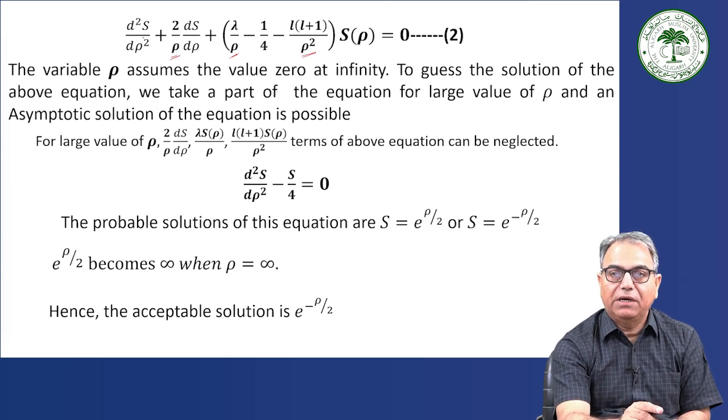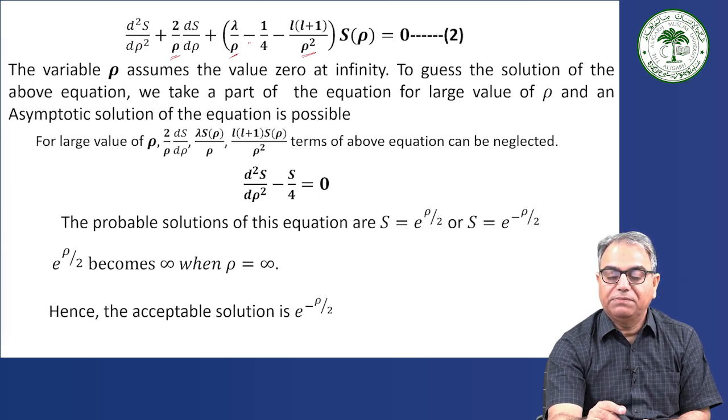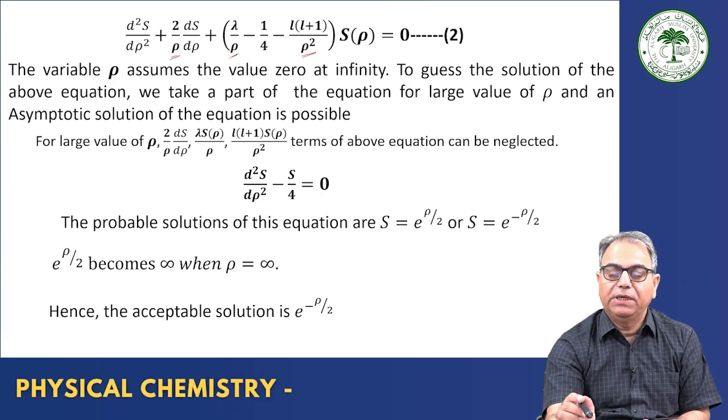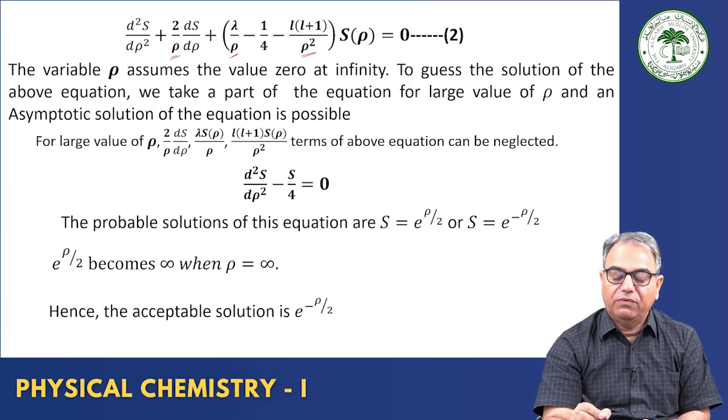The only term that remains is d square s by d rho square, second differential, plus minus s divided by 4, because L into L plus 1 divided by rho square can be neglected, lambda divided by rho can be neglected, and 2 by rho ds by d rho also can be neglected. So, the equation that remains for an asymptotic behavior for very large values of rho is d square s by d rho square minus s divided by 4 is equal to 0.